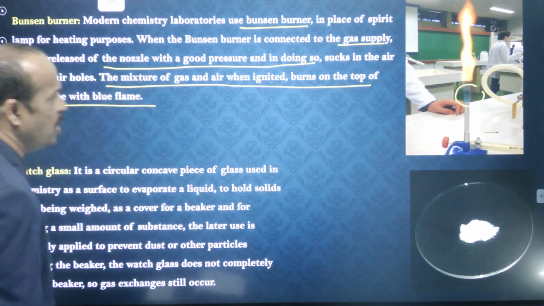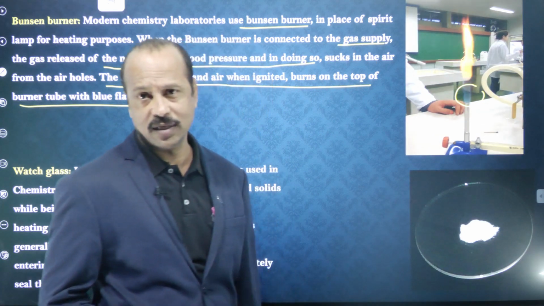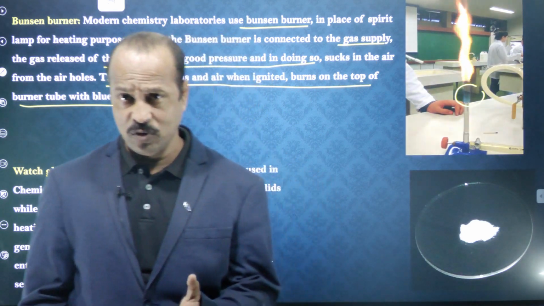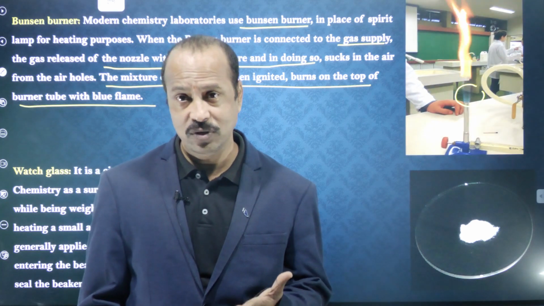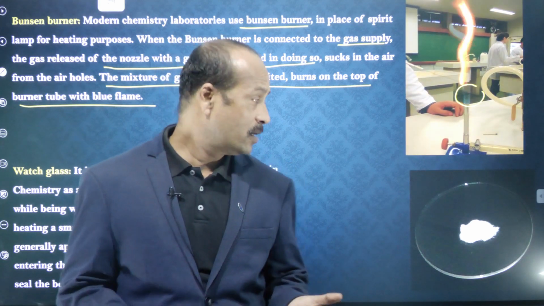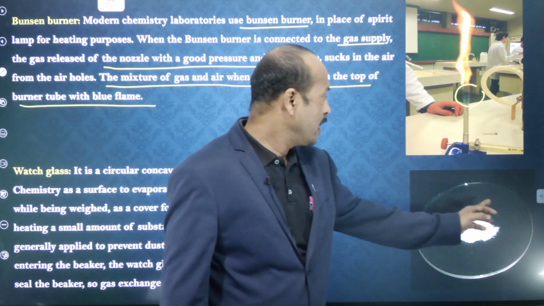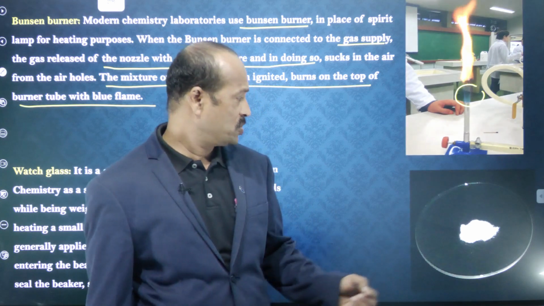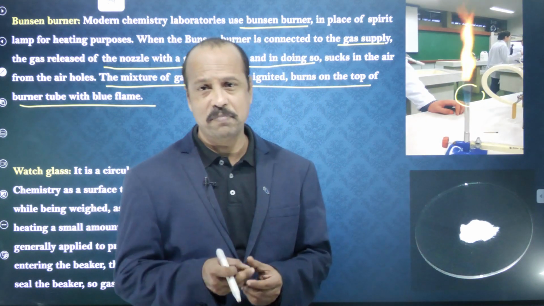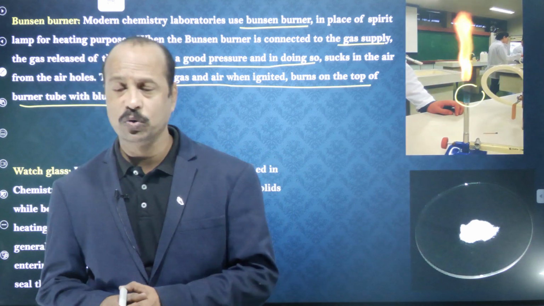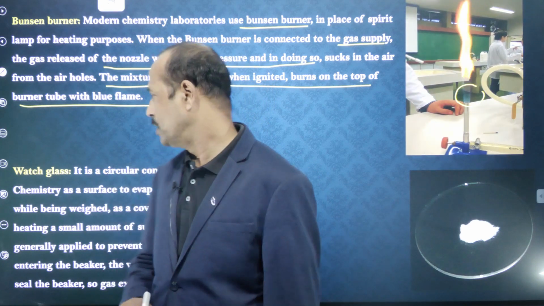Next comes the watch glass. A watch glass is nothing but a concave glass. You might have studied convex and concave lenses in light. Concave means like this, a concave glass plate. Generally it is used to take some salt or to mix and make a paste, and we take the watch glass in the laboratories.